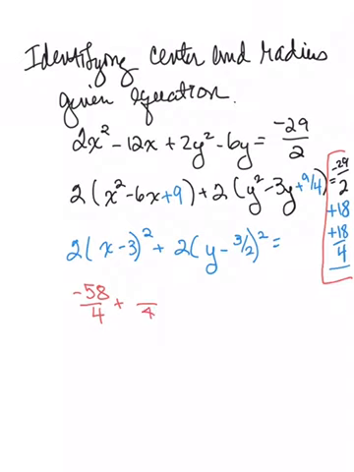Plus 18 fourths. So 72 divided by 4 is 18. Let's make sure that's right. 18 times 4 is 72. Close, let's erase that and make it 72.